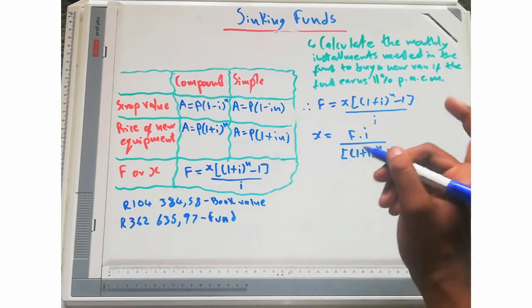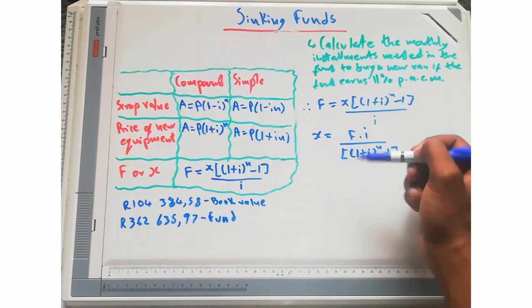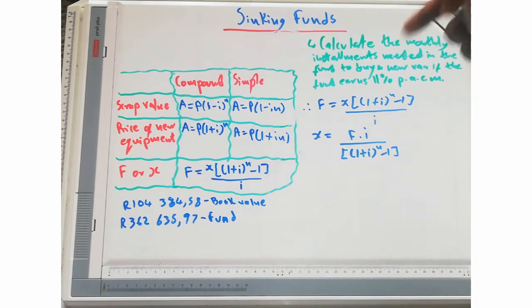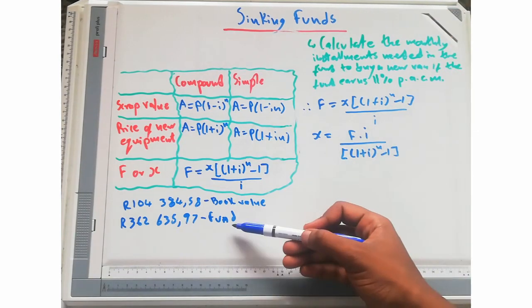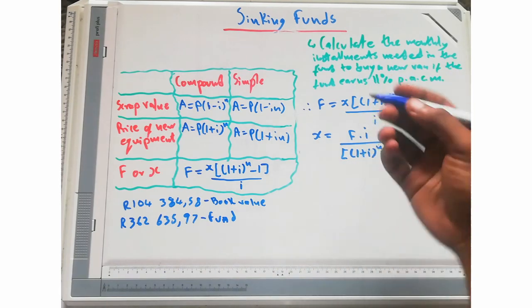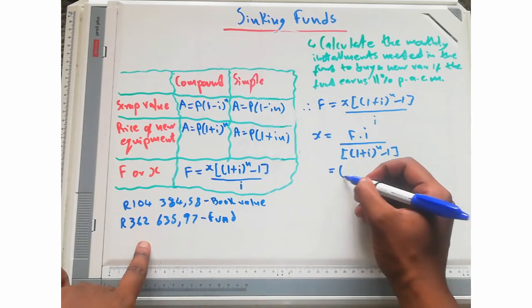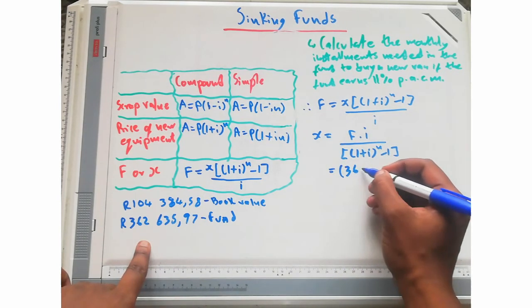Here it is. But then remember, your F is not the price of a new van 5 years later. No, your F is the amount you have to have in your fund so that you can buy the new van 5 years later. So your F is going to be this amount we calculated in the previous question.